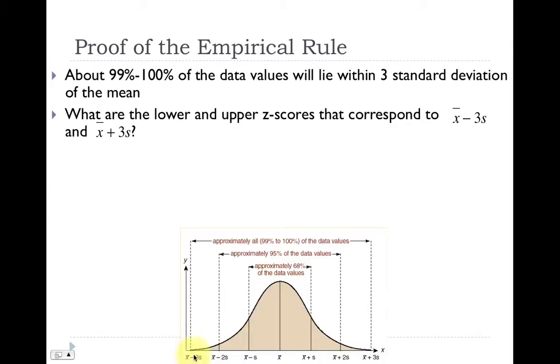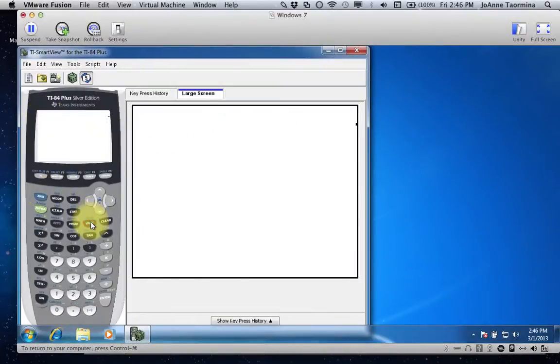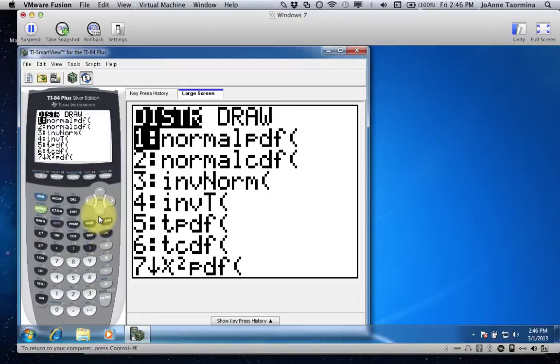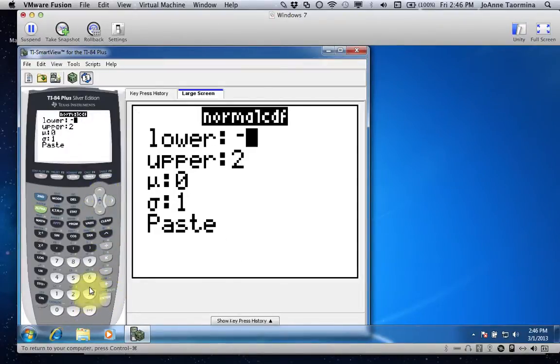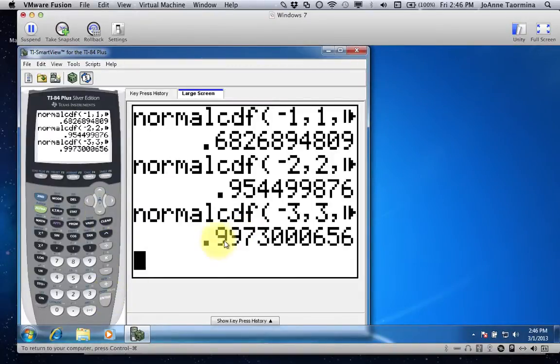The z-scores that we're talking about are z equal -3 and z equal +3. So if we go to our calculator and use a lower limit of -3 and an upper limit of positive 3, we get .9973, which is almost 100%.